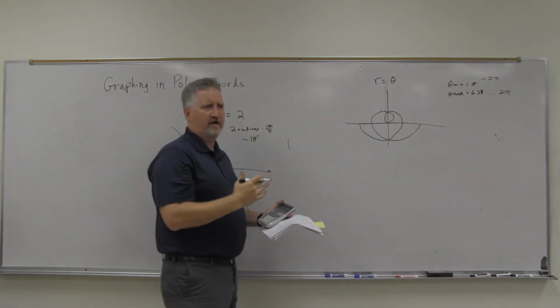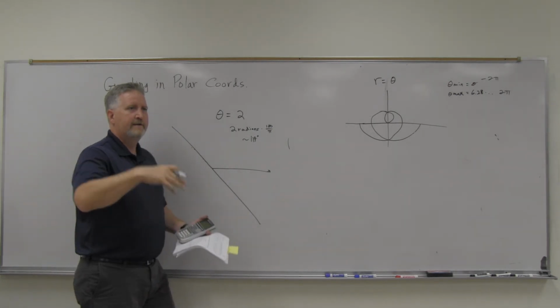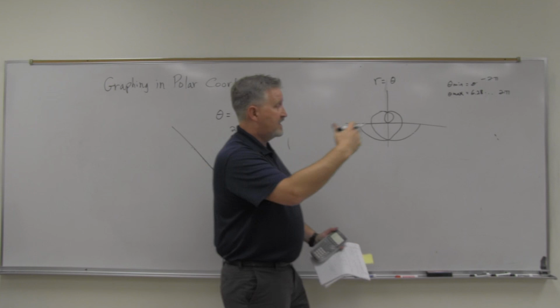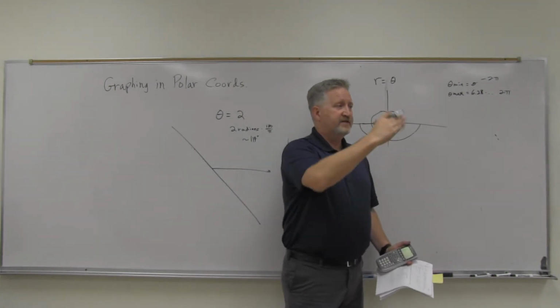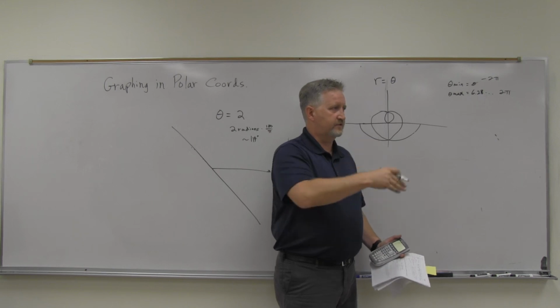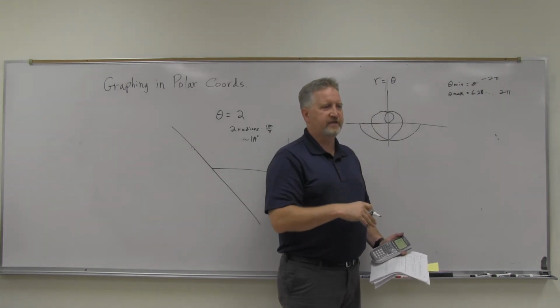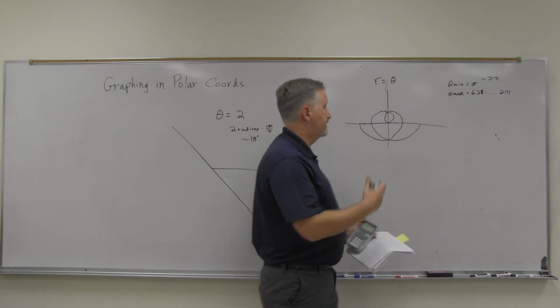That usually gets the full scope of the graph, because if we did negative 2 pi to 2 pi on the others, it's just going to loop around the four-leaf rose again. It'll just do a complete circuit again. So 0 to 2 pi usually gets you what the graph looks like, but not always.